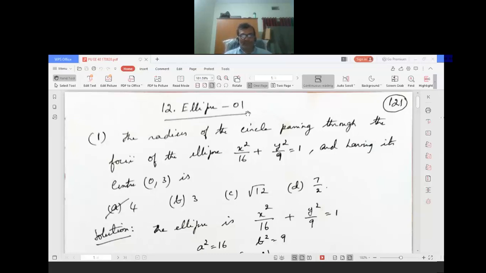In that first session, the first problem: the radius of the circle passing through the foci of the ellipse x squared by 16 plus y squared by 9 equals 1, and having its center at 0 comma 3 is.